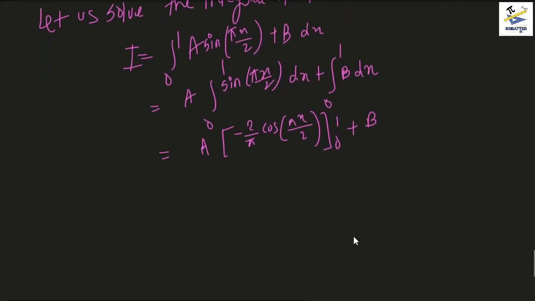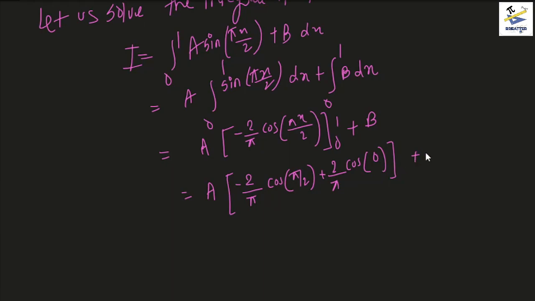So when you evaluate this function, what you get is a into minus 2 by pi cosine of pi by 2, minus of minus becomes plus, so 2 by pi cosine of 0, right, plus b. This term is 0 because cosine of pi by 2 is 0, but cosine of 0 is 1, so it becomes a into 2 by pi plus b, which is 2a by pi plus b.